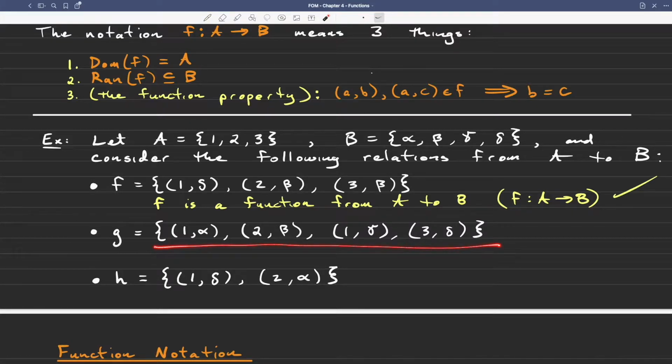Is that a function from A to B? Well, check it out. When you look at this ordered pair 1 comma alpha, and you look at this ordered pair here 1 comma gamma, we have the same first component appearing twice, but those second components aren't the same.